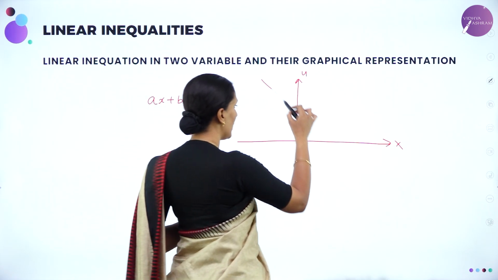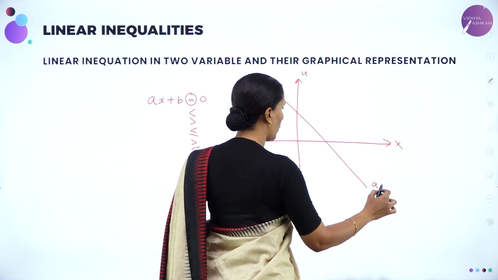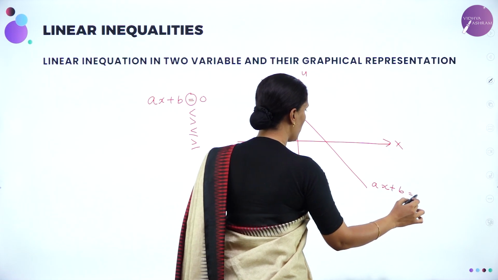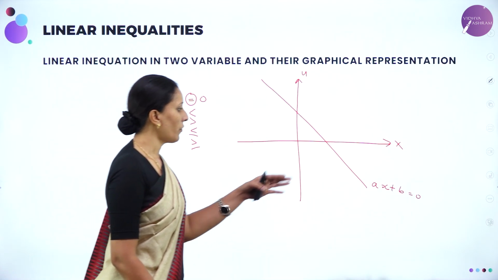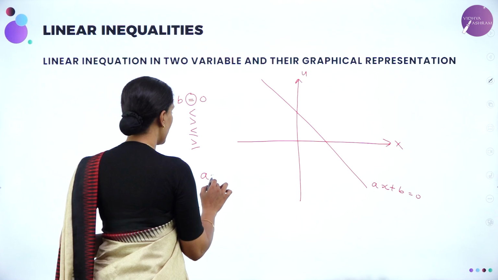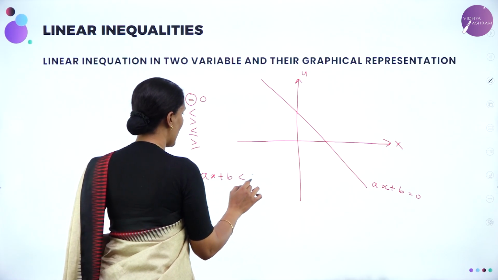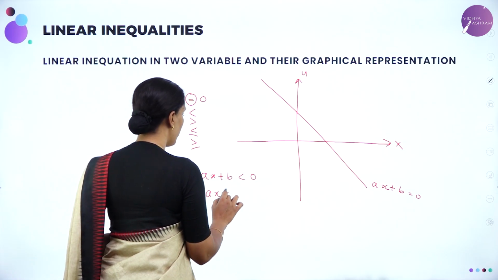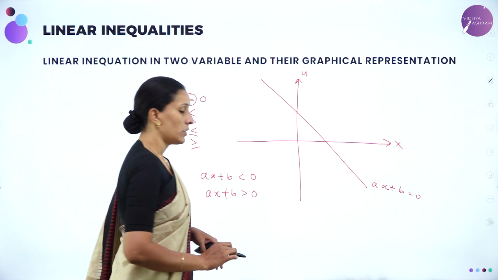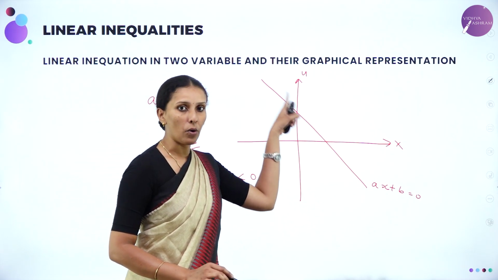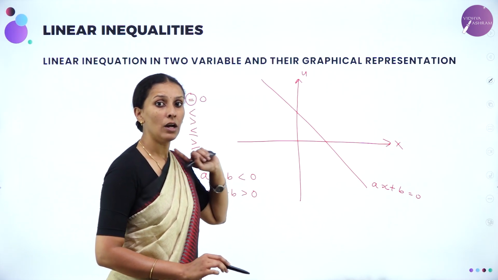So let this be a line which represents some equation ax plus b is equal to 0. Now when I say the linear inequality ax plus b is less than 0 or ax plus b greater than 0, this line acts as a boundary.